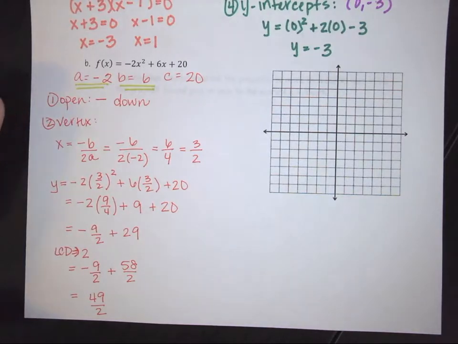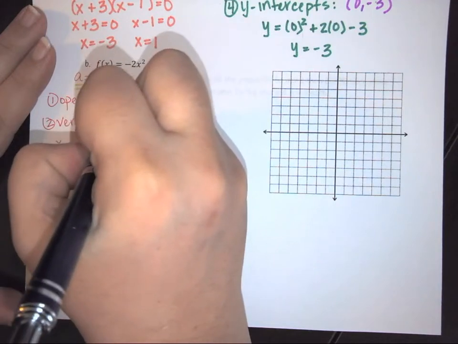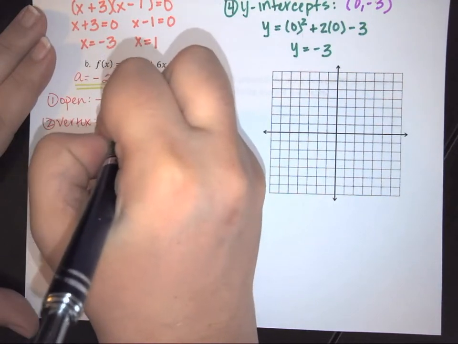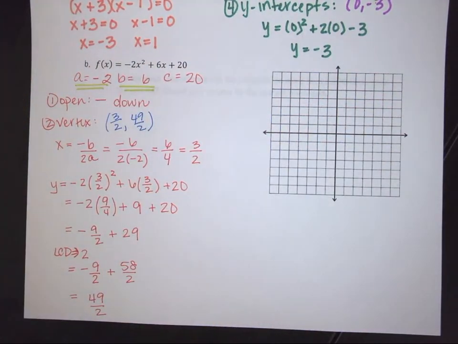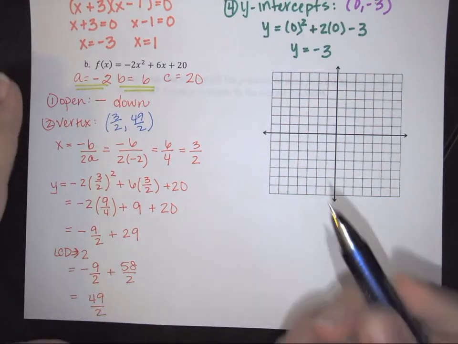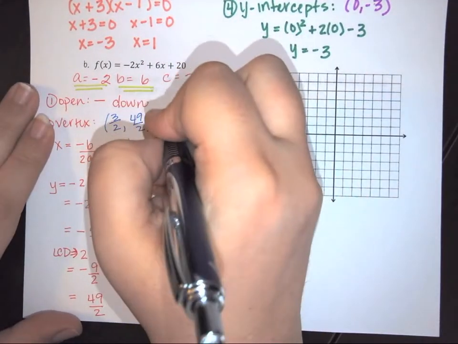So when we're looking here at my vertex, in this case, I have 3 halves and 49 over 2. Now, for graphing purposes, sometimes it's smart to know what that decimal roughly comes out to be so that you know about how to graph it.